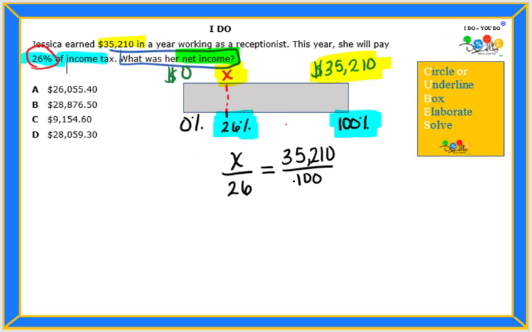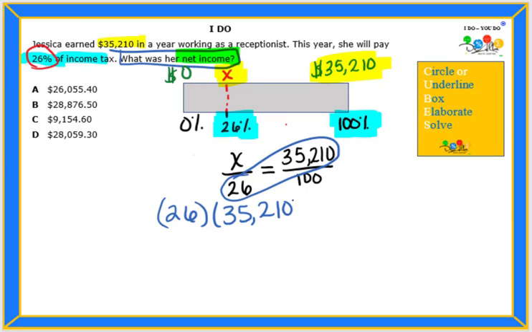And now that we have that information, we're going to use our cross products. So we're going to do 26 times 35,210 is equal to 100x. We got 100x from cross multiplying here, 100 times x.